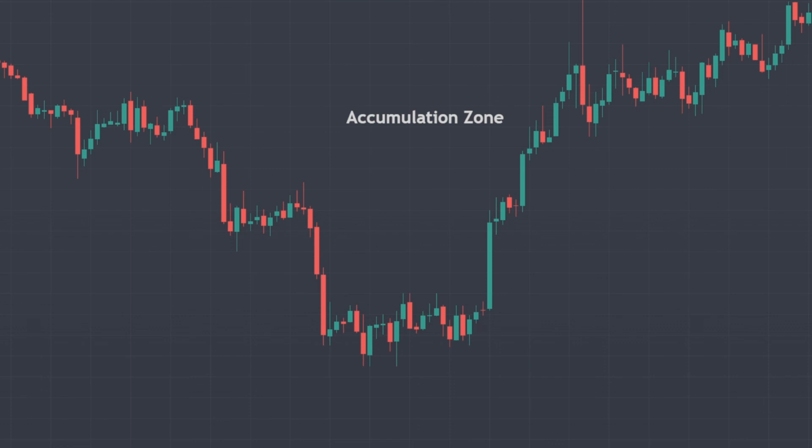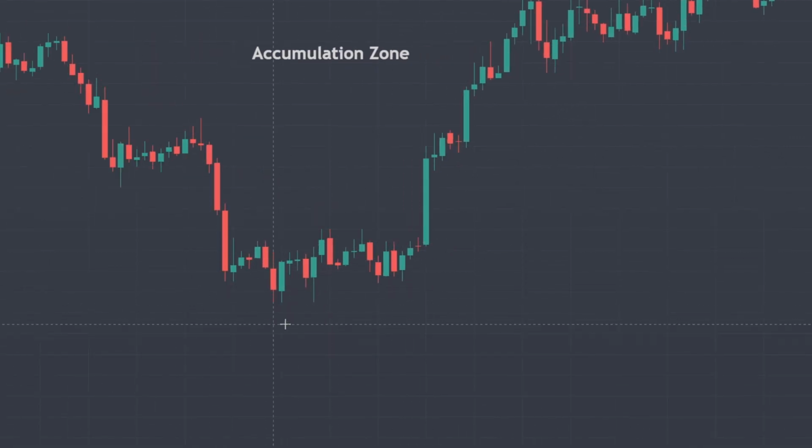This is when the stock or the security is trading sideways. And in this particular case, it would be this lower region here. We would go ahead and draw a zone from the highest point of the beginning of the zone to the lowest point in the zone. That would be our accumulation zone.